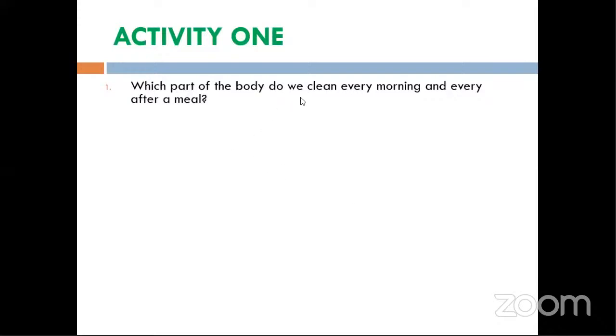Which part of the body do we clean every morning and after a meal? Every morning and every after a meal. So that is what Nathan was trying to read, but his network was a little bit breaking.